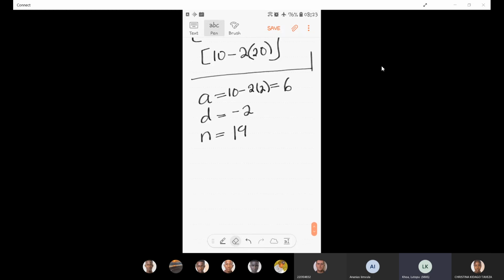Then now you have everything that you need. Now we are working out the sum of the first 19 terms. This is equal to, we know the formula, it's 19 over 2. Then we multiply this by 2 times your first term, minus 2, not 2, this is n, which is 19 minus 1 times d, which is minus 2.